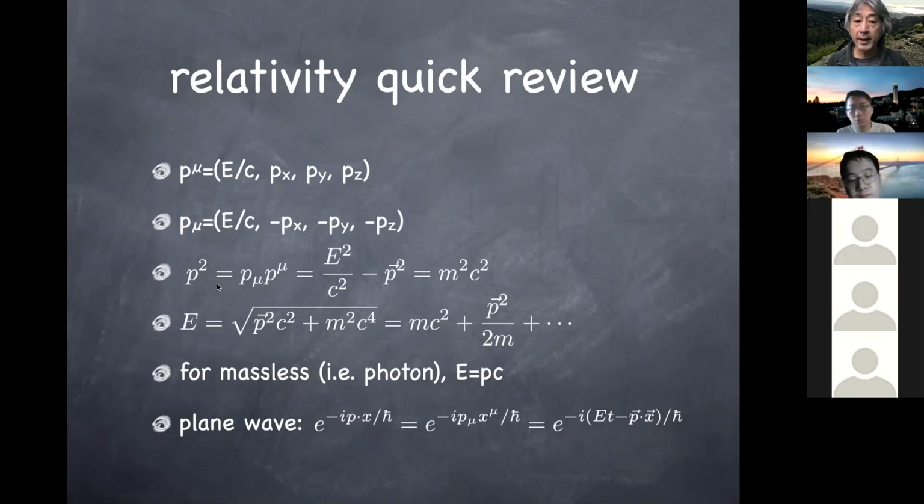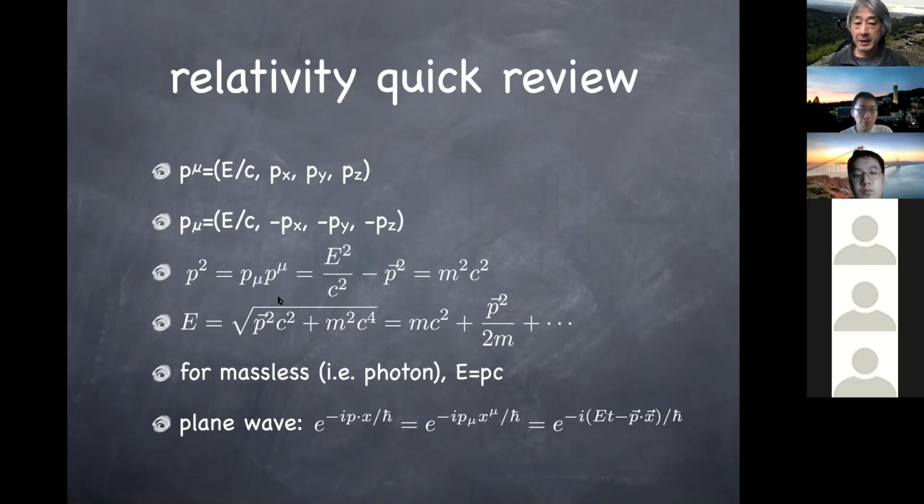So the p squared, which is meant to be Lorentz invariant, is now written as the time component squared, E squared over c squared, minus the momentum vector squared, because there's a minus sign over here. And you all know this combination is the mass squared c squared of that particle, right? So E squared over c squared minus p squared is m squared c squared.